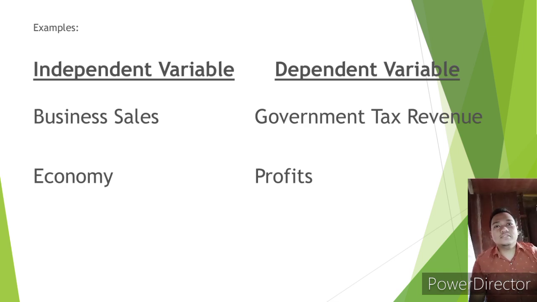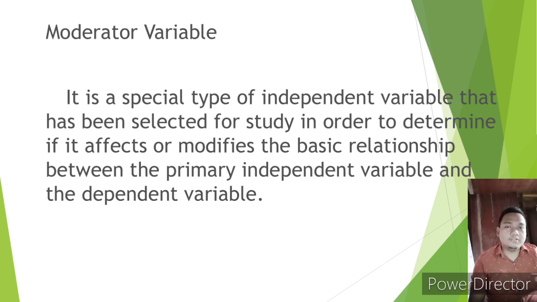Okay, next we proceed to the moderator variable. This next type of variable is a special type of independent variable. A moderator variable is selected for study in order to determine if it affects or modifies the basic relationship between the primary independent variable and the dependent variable.